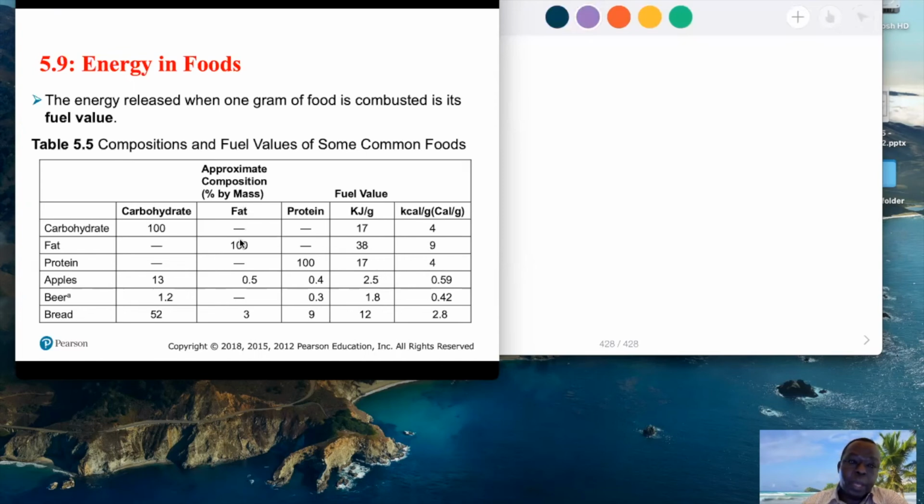If you look at the amount given here, for every 1 gram of carbohydrate burned, this is how much energy will be released.